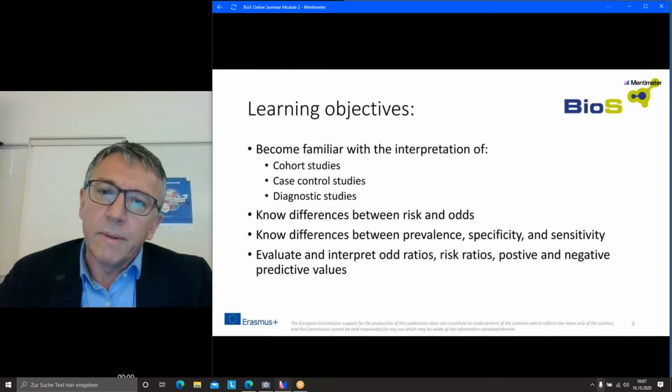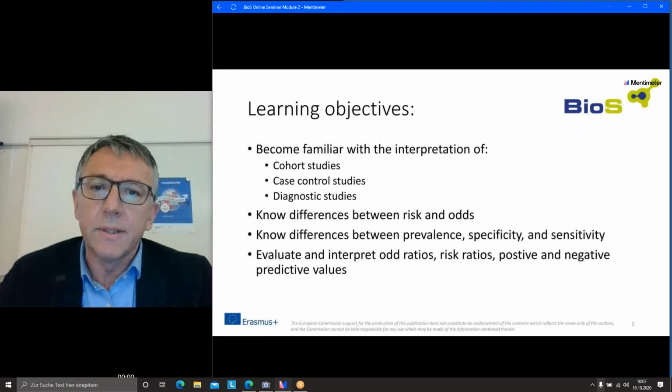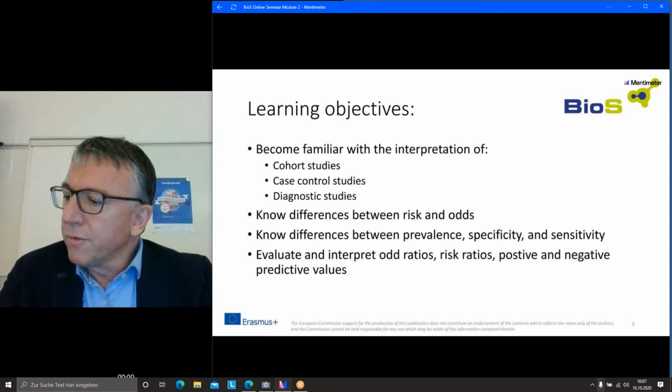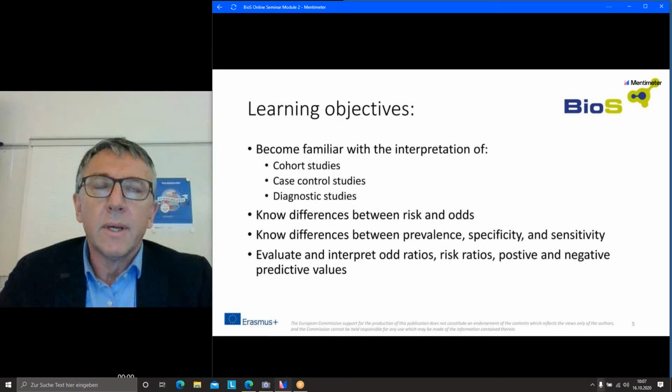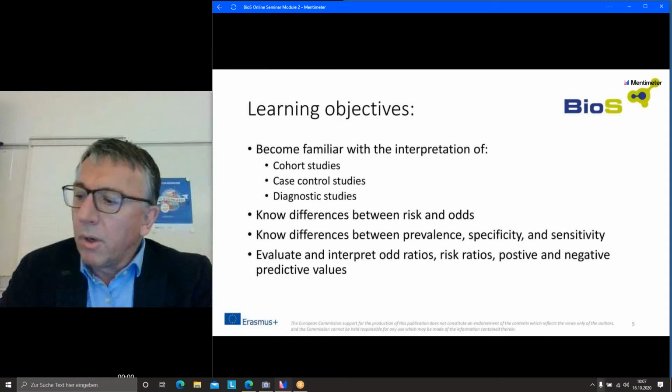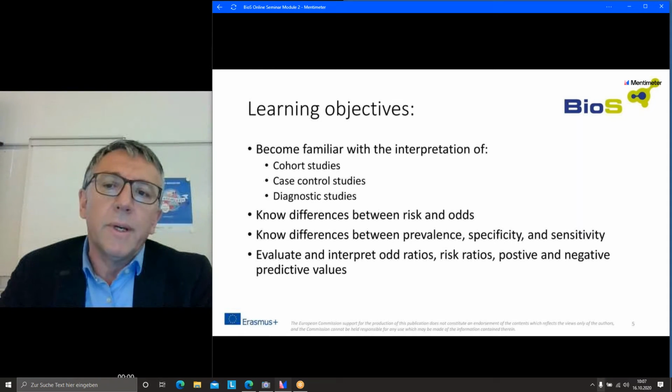You can interpret cohort studies, case control studies, and diagnostic studies. So what you learn today will be useful if you plan to do or analyze studies that have a cohort, case control, or diagnostic background. You will also be able to interpret those studies when you read them in the literature.